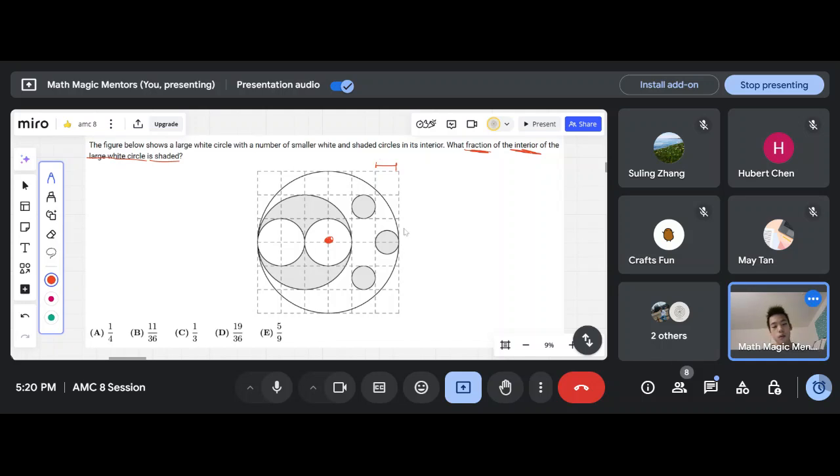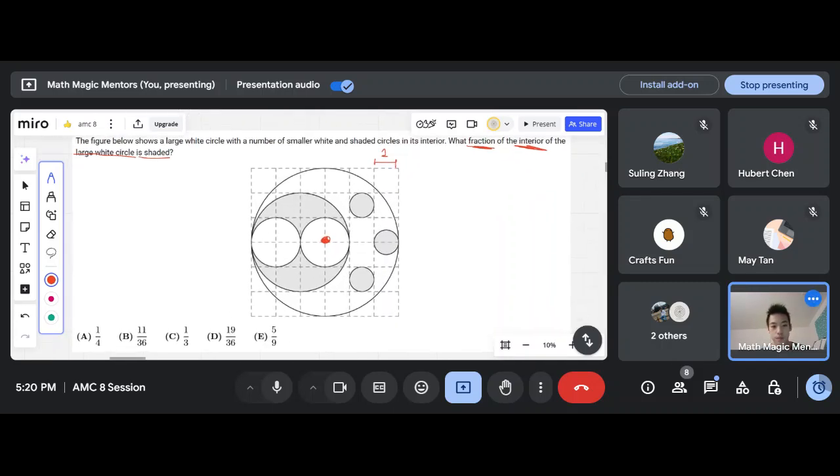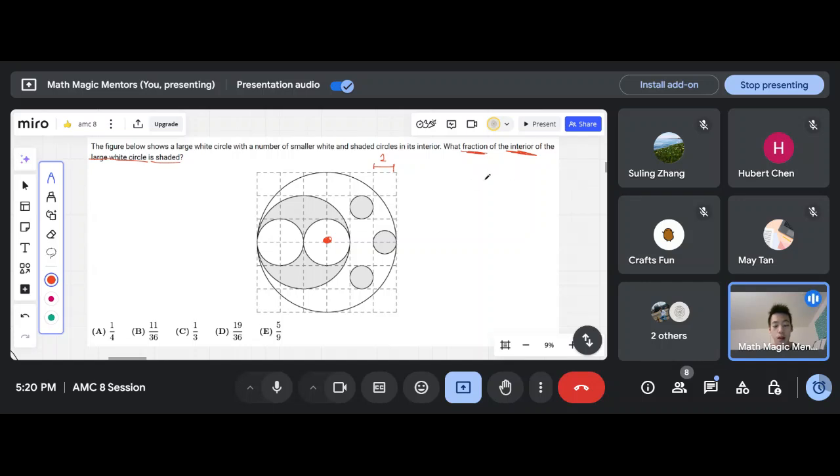And so let's just denote one grid unit as one, just to make everything easier. Because we want to find what fraction of the interior of the large white circle is shaded, let's just find the area of the large white circle.